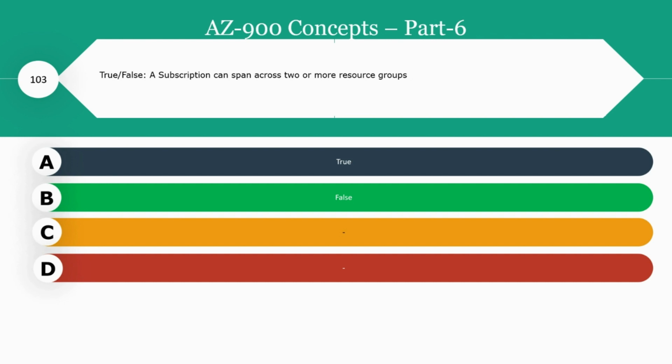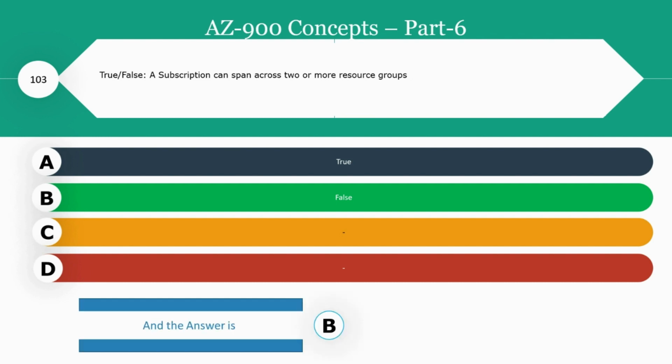So spanning a subscription across resource groups which are part of another subscription is not possible. Also note, there could be multiple resource groups within a single subscription, but any one resource group can only be part of only one subscription. Resource group names do not have to be globally unique, but must be unique within the single subscription. And so the right answer for this question is false.